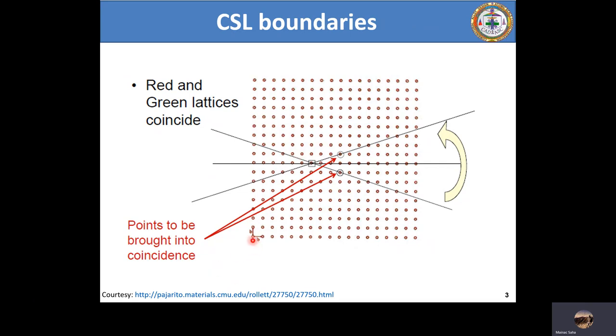If we are looking at the computer screen, this rotation is not exactly correct. So let us try to rotate the red lattice points with respect to the green lattice points. Keep the green lattice points fixed and rotate only the red lattice points.